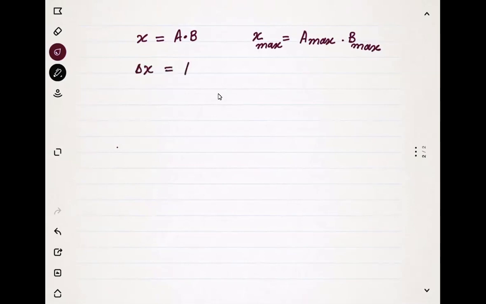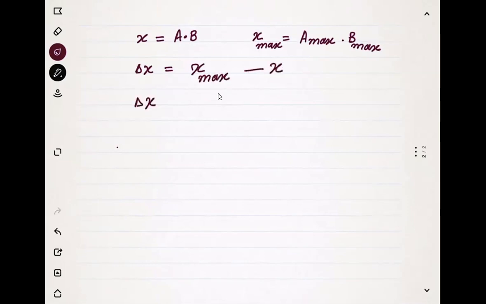For example, if you have a quantity x that is equal to a into b, then x maximum would be a maximum into b maximum, and uncertainty in x will be equal to x maximum minus x.